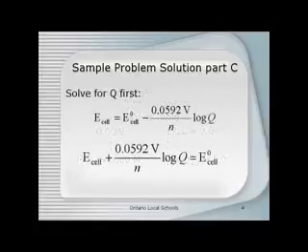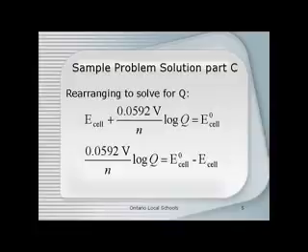So to solve for Q, we begin our series of rearrangement processes with this equation. The first thing we're going to do is add the expression 0.0592 volts divided by n times the log of Q to both sides. So we'll have E of the cell plus 0.0592 volts over n times the log of Q is equal to E0 of the cell, which is better known as the energy of the cell under standard conditions.